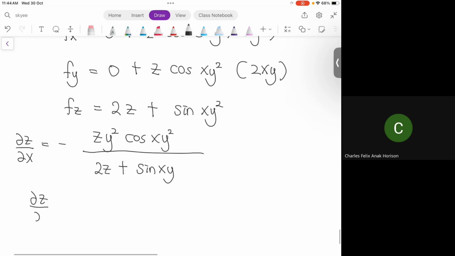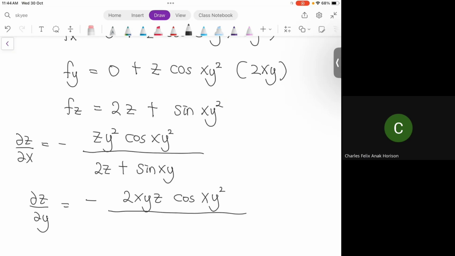As for the del z del y, negative fy. fy will be 2xyz cos xy squared. This is your fy, divided by 2z plus sine xy squared. So this is how you find the del z del x and also del z del y. That's all for the partial differentiation of chain rule and implicit.